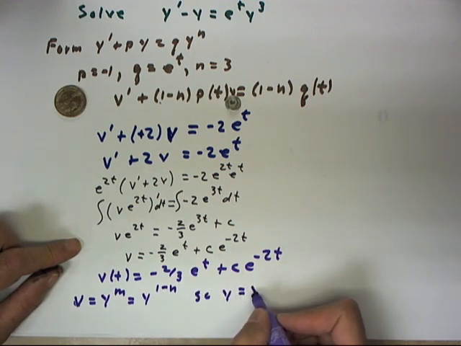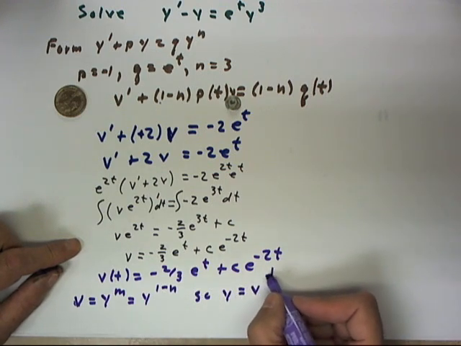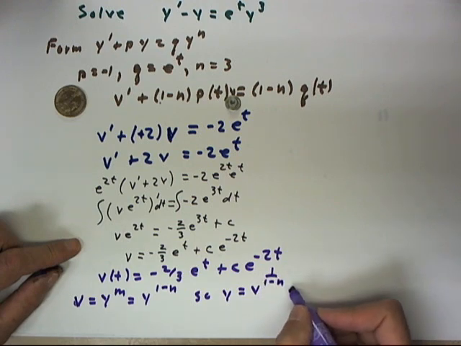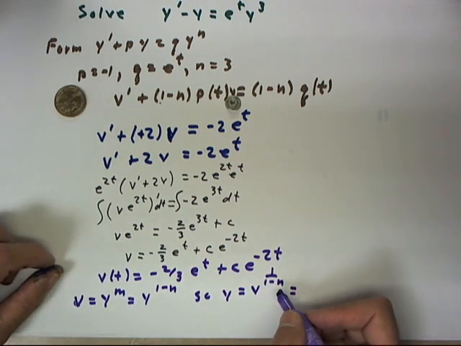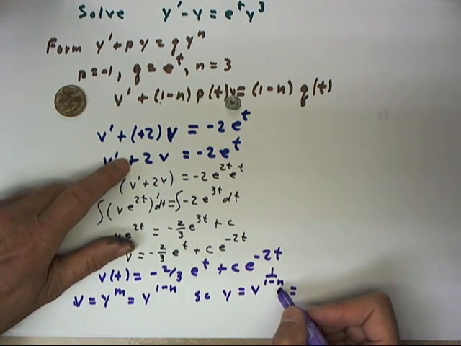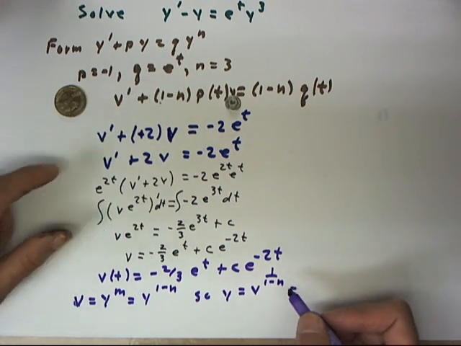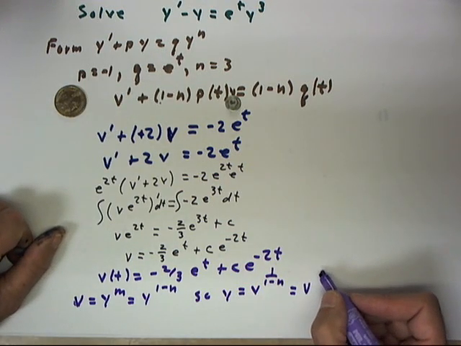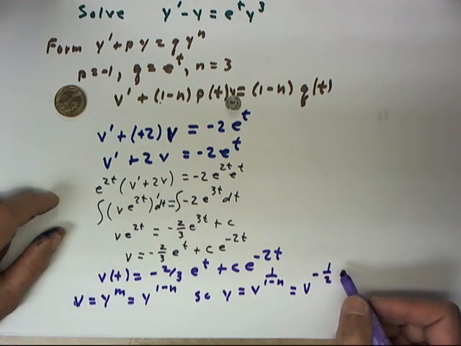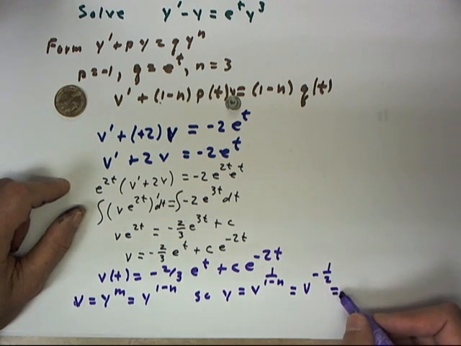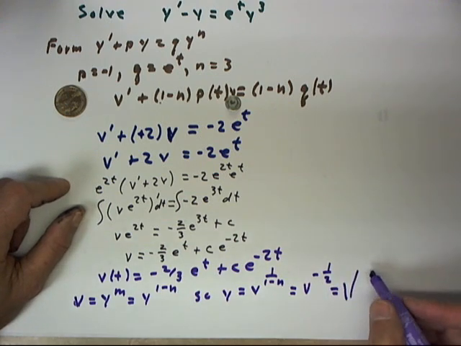So y equals v to the 1 over 1 minus n. And n equals 3, so that's v to the negative 1/2. And that negative 1/2 power, of course, is the square root.